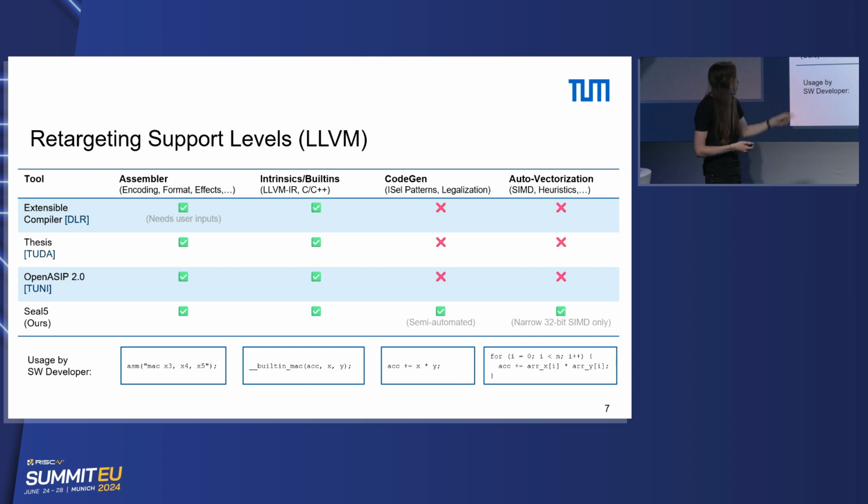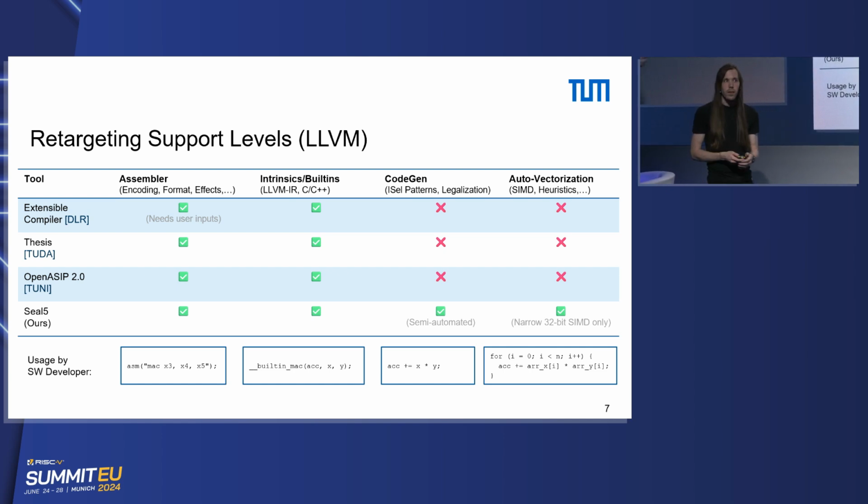As shown here, if you only have assembler level support, software developers need to sit down and handwrite assembly statements to make use of any added custom instructions, which is, of course, not a very good idea and should be avoided because writing assembly is quite error-prone and needs a lot of effort.